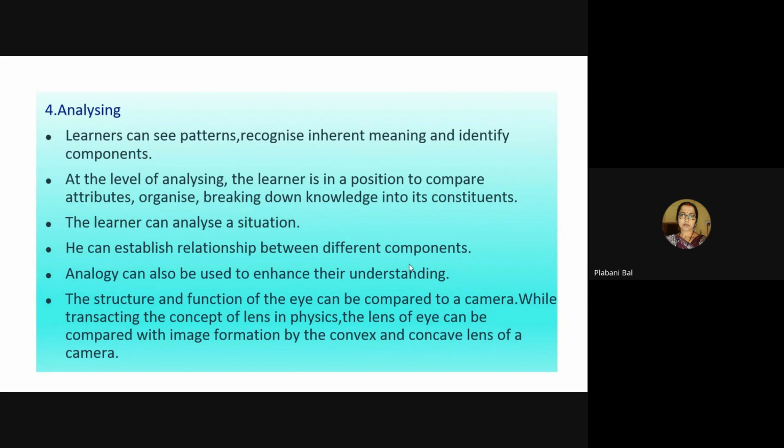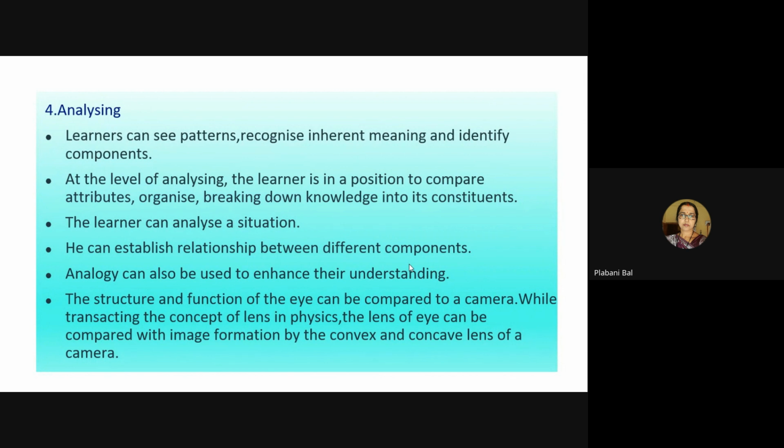Then next is your analyzing. The learners can see patterns, recognize inherent meaning and identify components. That is analysis. We generally know the term analysis, but how will we use this in science teaching? So at the level of analyzing, the learner is in a position to compare attributes, organize, and break down knowledge into its constituents.